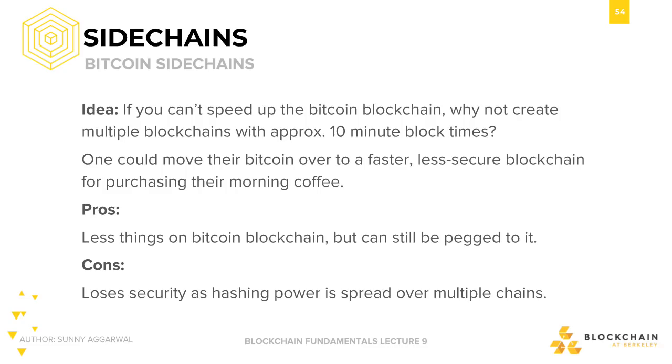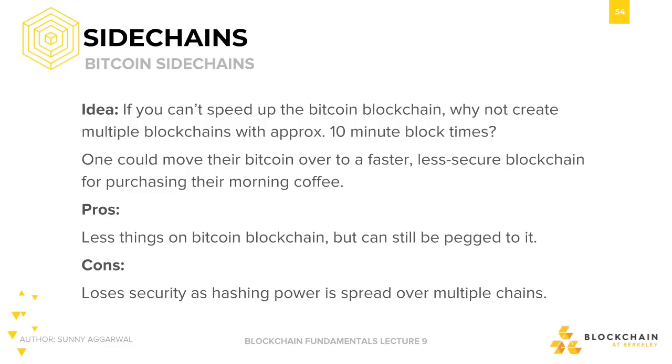So let's say I wanted to create a sidechain just for buying coffee. You can move it to a faster but less secure blockchain just for purchasing low value items. That would be really nice because there's less on the actual Bitcoin blockchain, and other things can still be pegged to it, and they can still do business in that sense.